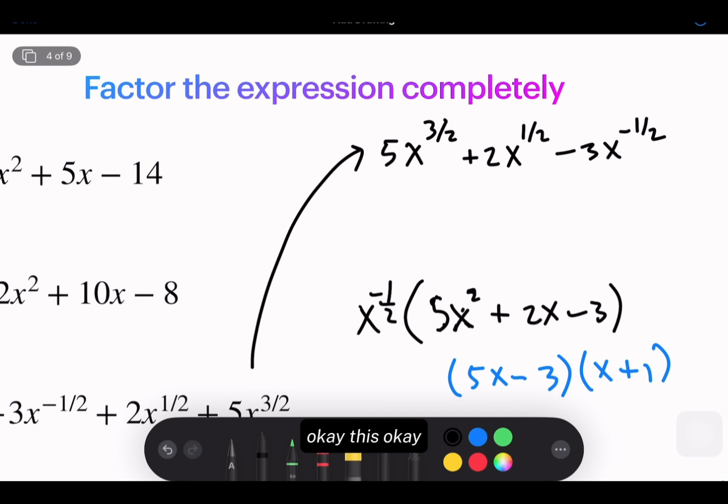Okay, this. Okay. Negative half, 2, 3/2, right? Okay. 1, negative half, 1/2, correct, right? Negative 3. Okay. Now why did I make that mistake? Sorry. So then you can factor out this, and you get 5x minus 3.